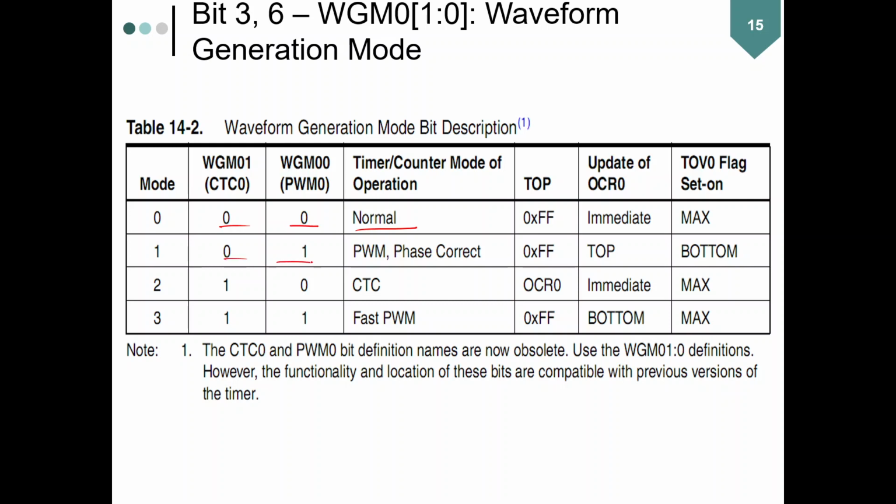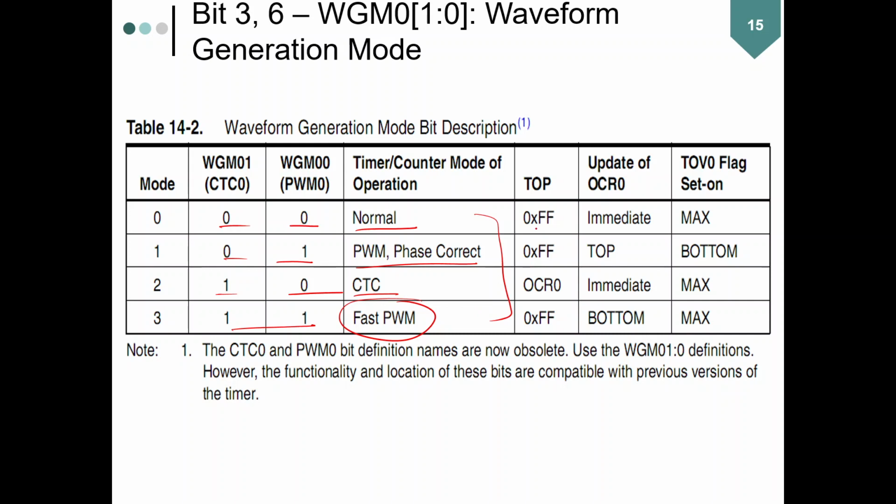If it is 0, 1, then it is in the PWM phase correct mode. If it is 1, 0, then it is in the CTC mode, which is clear timer on compare match mode. And if it is 1, 1, then you are in the fast PWM mode. These modes we are going to discuss shortly. Right now we are discussing just the registers.